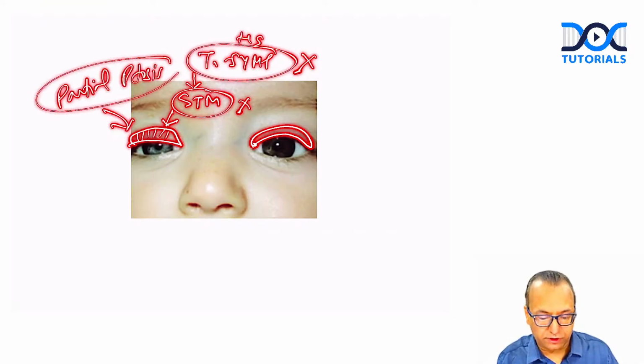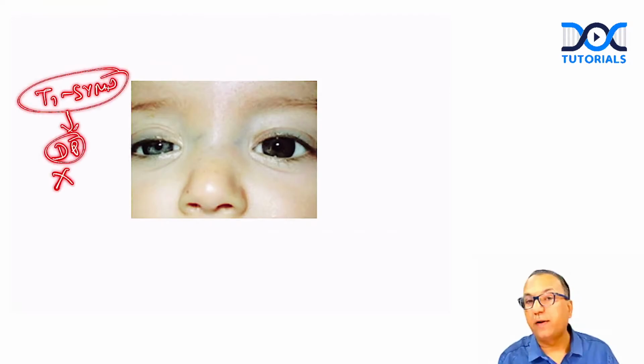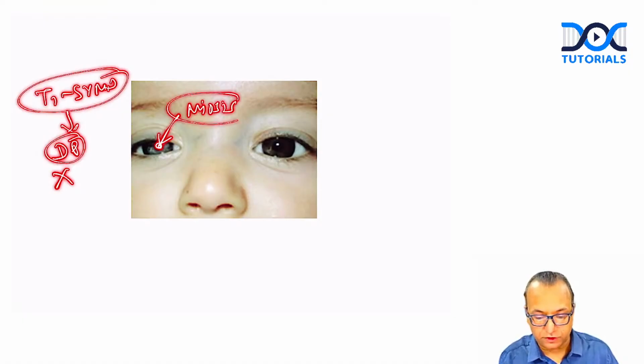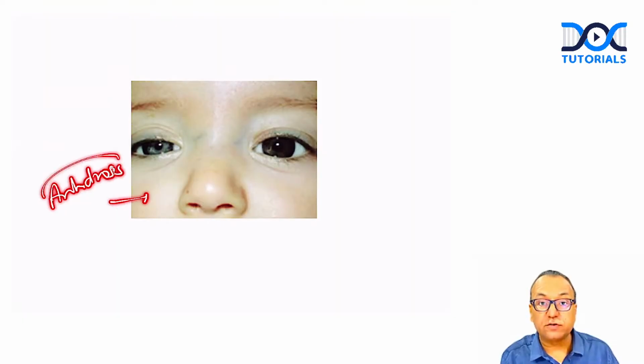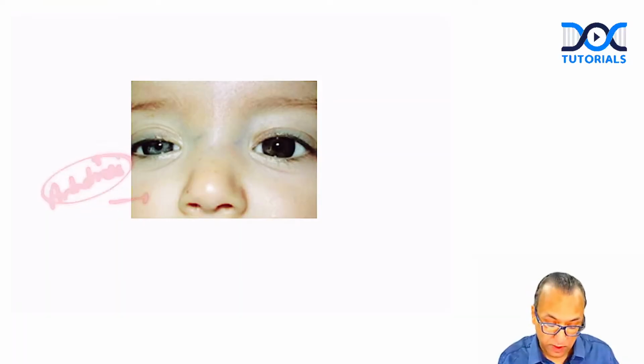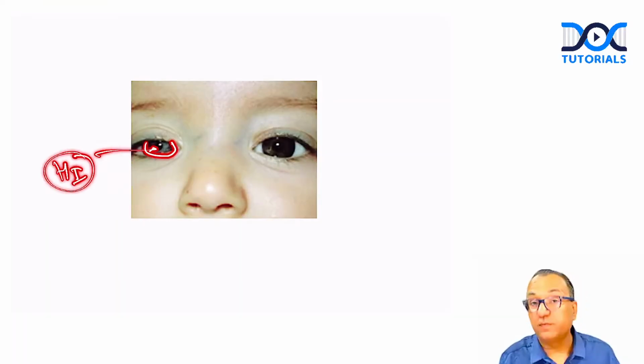Along with partial ptosis, because T1 sympathetic fiber is not working, the dilator pupillae is not working. As dilator pupillae is not working, sphincter pupillae will be working, there will be miosis. So miosis and ptosis. These patients will have miosis and ptosis, and they'll have another thing, which is anhidrosis, loss of sweating. Congenital, hence there is heterochromia. Yes, very good, Dr. Devki. Because it is congenital, you can see heterochromia iridis also.